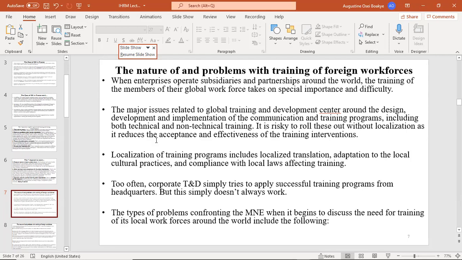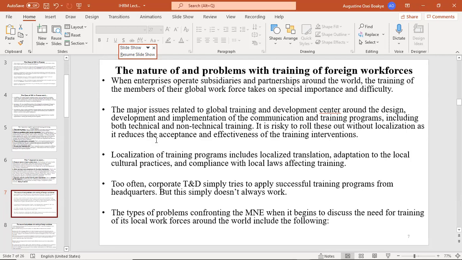And by localization, it includes the localized translation, adaptation to local cultural practices, and compliance with the local laws affecting training. So there is a need for the training manuals and materials to be translated into an acceptable language.